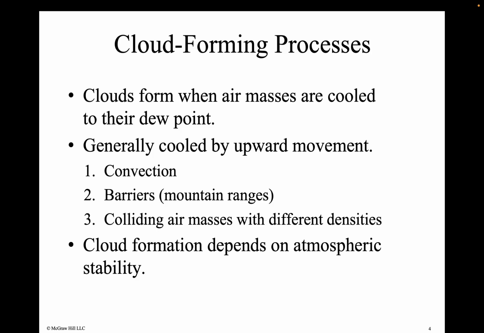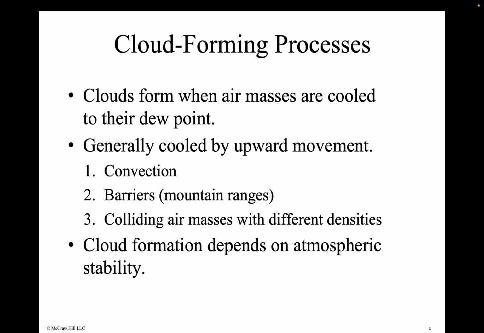Okay, and before I move on to talk about the two types of atmospheric stability, I want to make sure that you understand that this air mass that's moving up, we're going to call parcel. Okay, so it's a portion of air that's moving up.